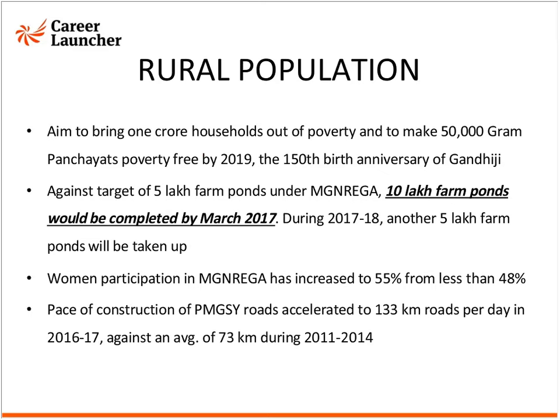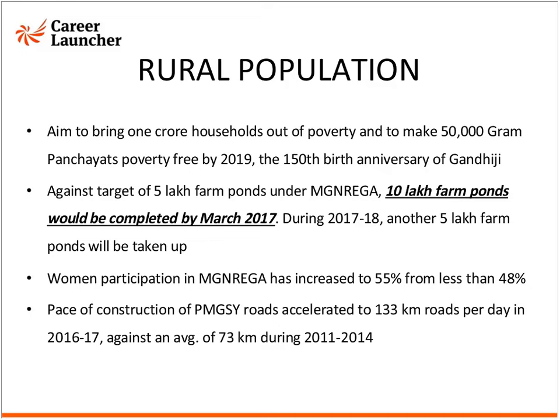Your aim in rural population is to bring 1 crore households out of poverty and make 50,000 gram panchayats poverty free by 2019. 2019 is the 150th birth anniversary of Gandhiji, and that is where the government has set a target for itself, saying they want to get 1 crore households out of poverty and 50,000 gram panchayats poverty free by 2019.